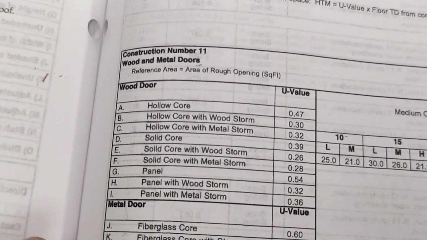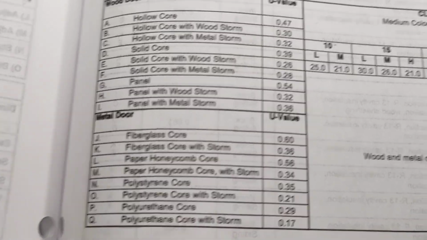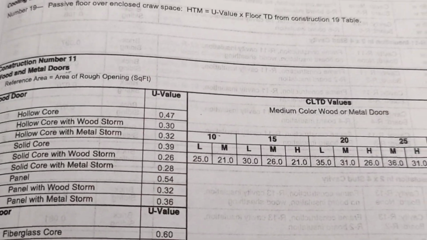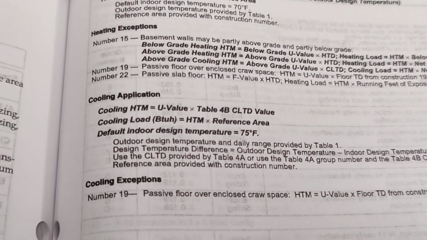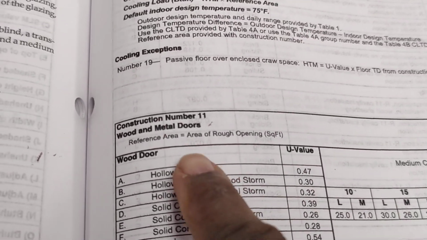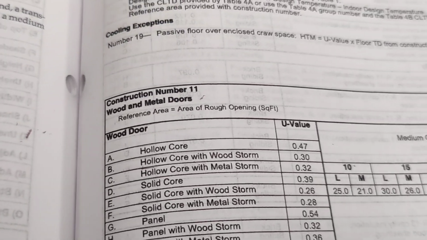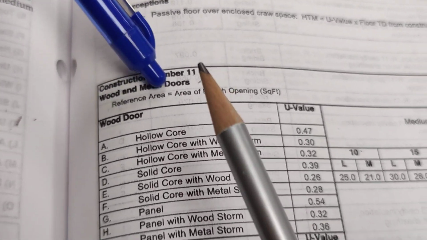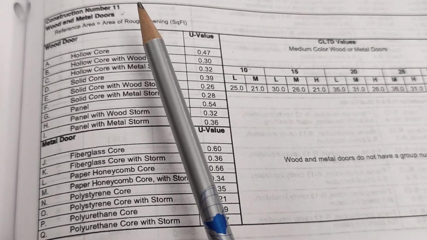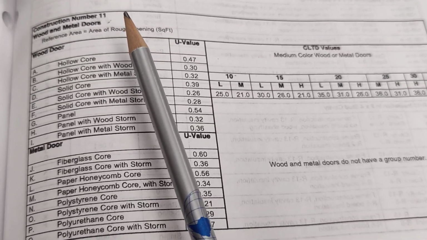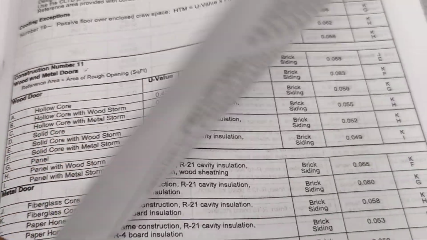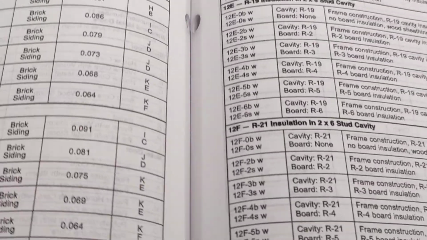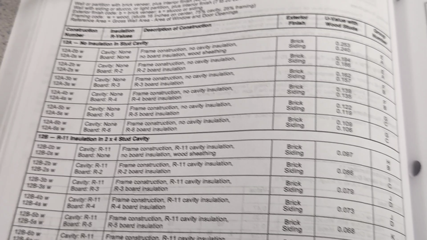It gives you right there, construction number. Everybody see that? So it says wood and metal doors, and it gives you construction number 11, okay? Same thing if you go to other things, it gives you a different construction number based upon the material and all the insulation and all this great stuff. Just be mindful of that.